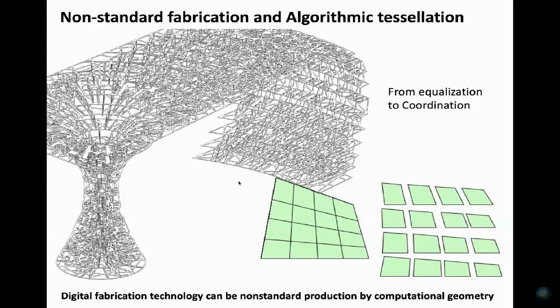First, we have a way to make this coordination. So, rather than equalized parts, we are more into coordinated panelization. Therefore, the technology of modern architecture can be examined, I think, in terms of these basic promises of the digital age.